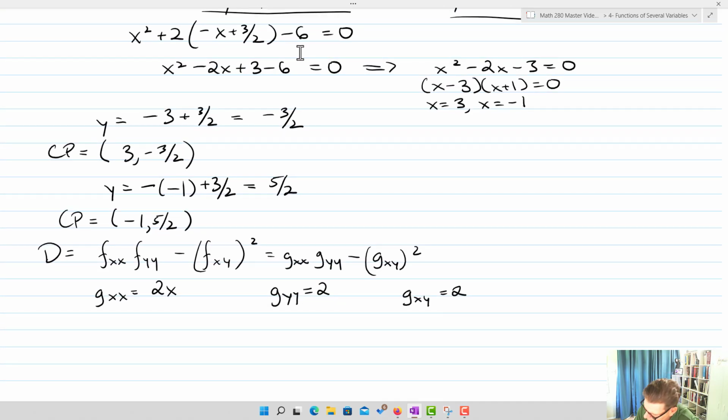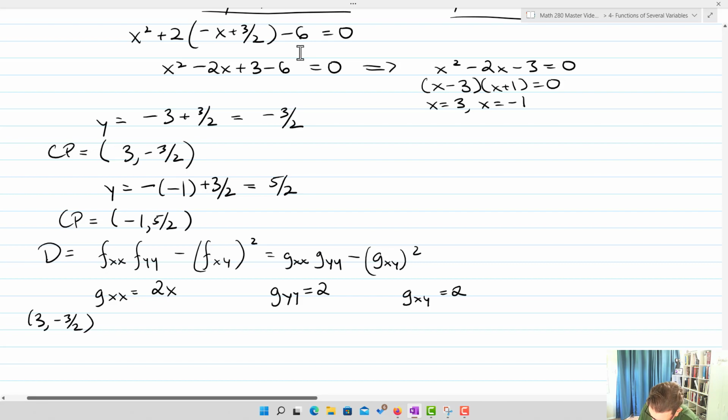So now let's test. We're going to start out at 3, negative 3 halves. So notice it's going to be 2 times x. So that's going to be 2 times 3 times 2 minus 2 squared.